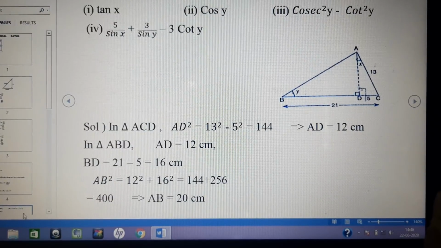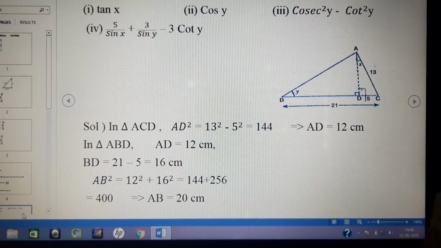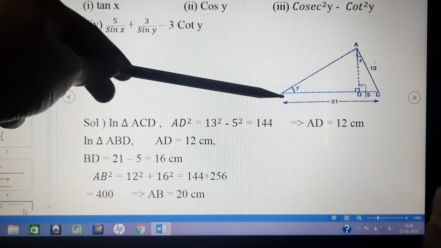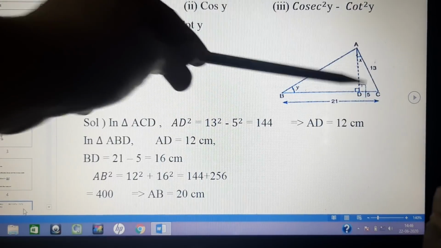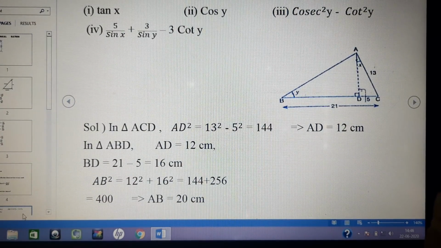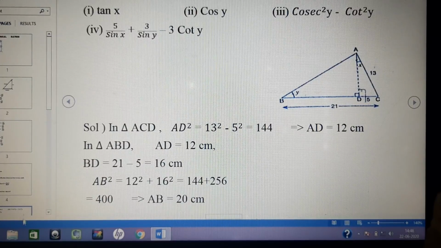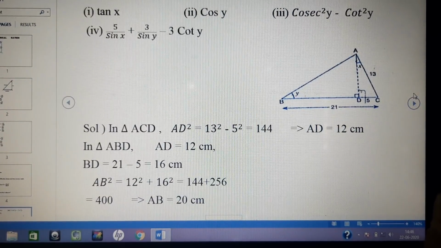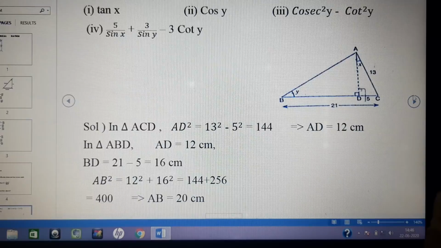Once again, if we apply Pythagoras theorem, hypotenuse AB square will be equal to base square plus perpendicular square. So 12 square plus 16 square, that means 400, and AB becomes 20. Clear? So now we have calculated all the values here.